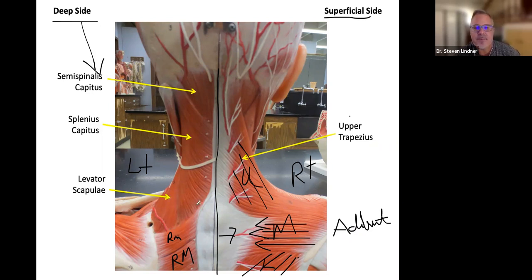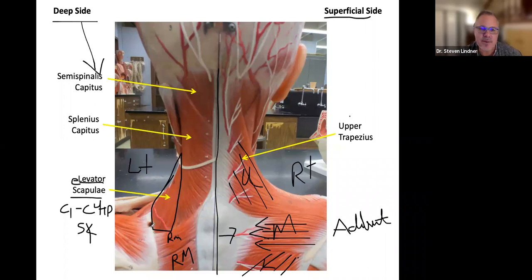On the left, once we peel away the trapezius, we can see the levator scapula right here. Levator sounds like elevator, right? What is it going to elevate? It's going to elevate the scapula, because the levator scapula goes from C1 to C4, the transverse processes, the TPs, and it goes to the superior angle of the scapula.